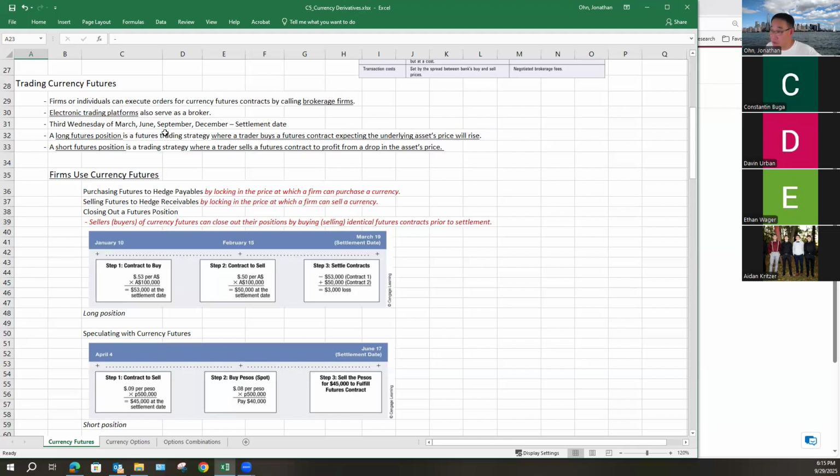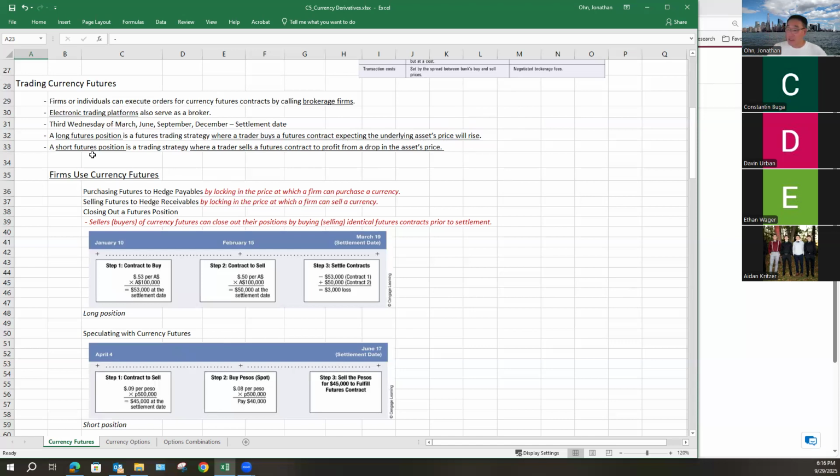You do this when you believe that the currency value, the exchange rate, will increase, will appreciate in the future. So if you believe a currency's value will appreciate in the future, then you want to lock in a reasonable exchange rate by taking a long futures position. So if the currency value increases this way, then you will enjoy some profit there.